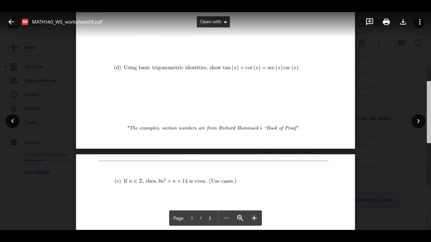Okay, Maria, this kind of proof, we need to write only one side. We can start from the left-hand side and arrive at the right-hand side.